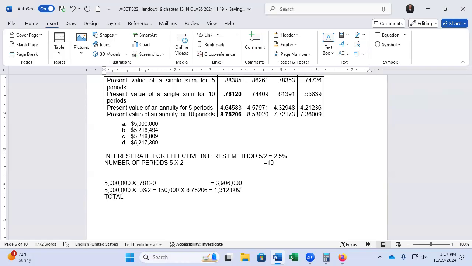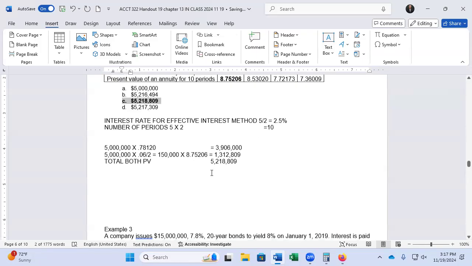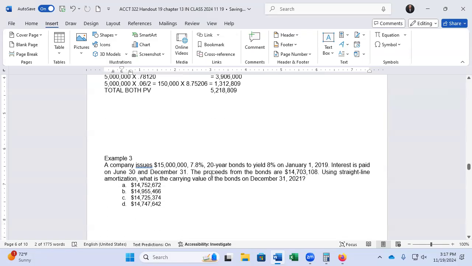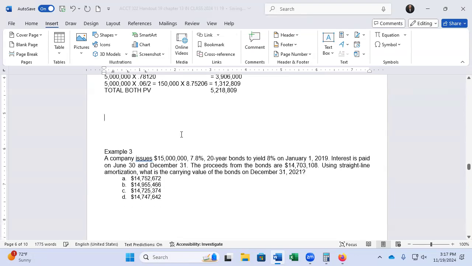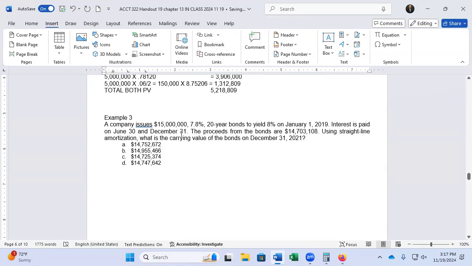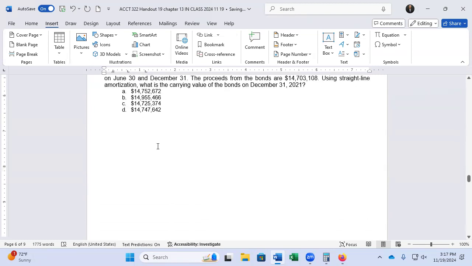And so we total both present values and we get 5,218,809. And so that is C. Any questions there? Okay, I've got a few like example 3 that I'll go through.